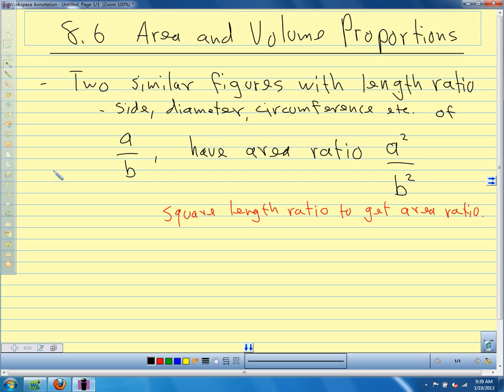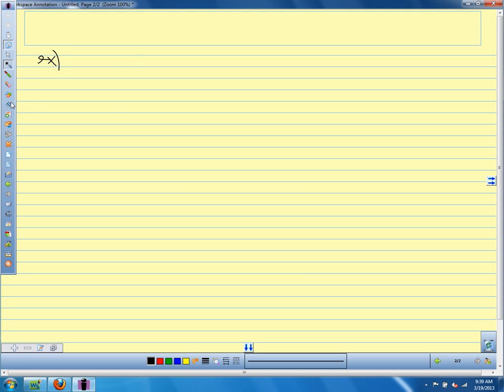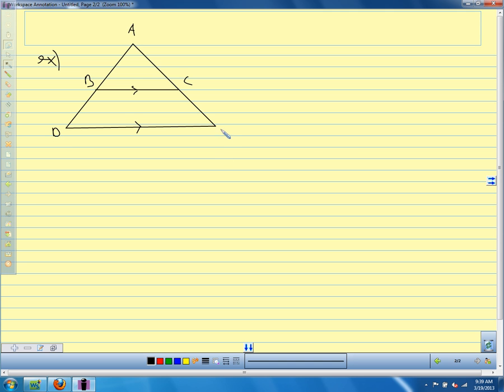All right, let's look at a couple of examples using this. So for this example, we have a triangle, and we're going to divide it up. We've been looking at lots of pictures like these in this chapter. And we'll label the points like so. And we'll say that this is 4 and this is 5.